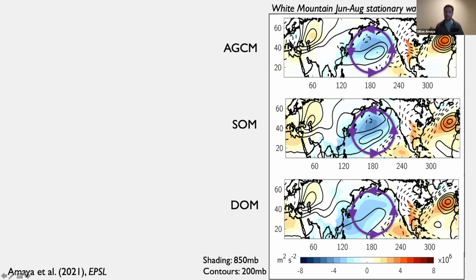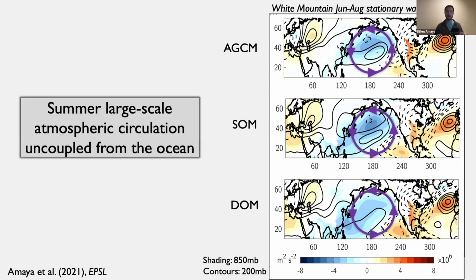But what's important in this map here is that the circulation anomalies are all the same across all of the ocean configurations. And that suggests that during the summertime, the large scale atmospheric circulation is largely uncoupled from the ocean, right? The ocean and the atmosphere are not communicating in the summertime. And this jives with our expectations for modern day climate too. Air-sea coupling is a lot harder in the summer than it is in the winter for a variety of different reasons.